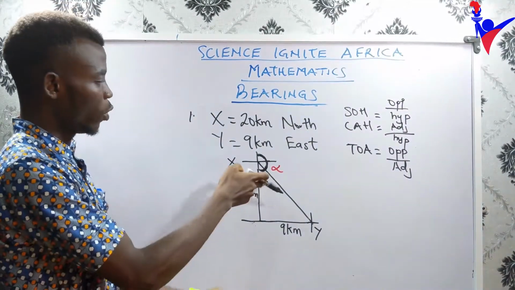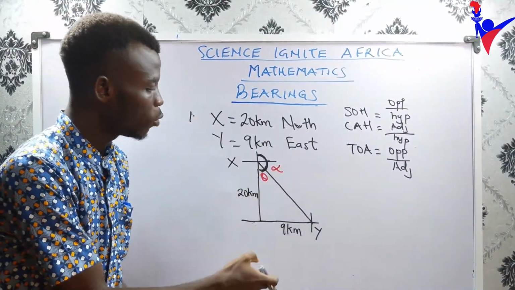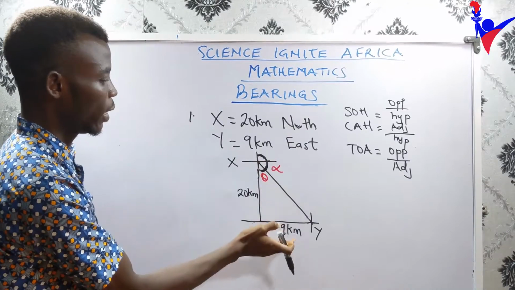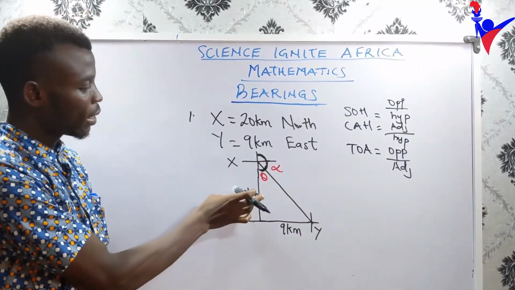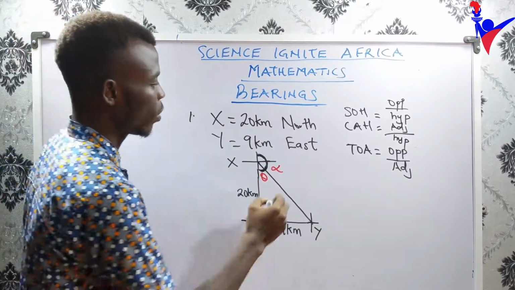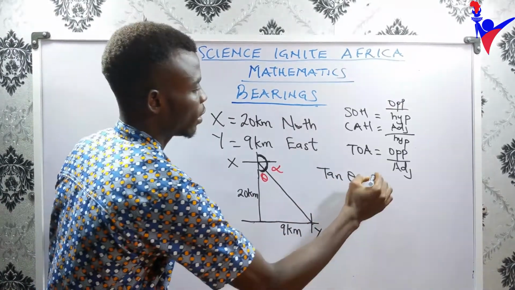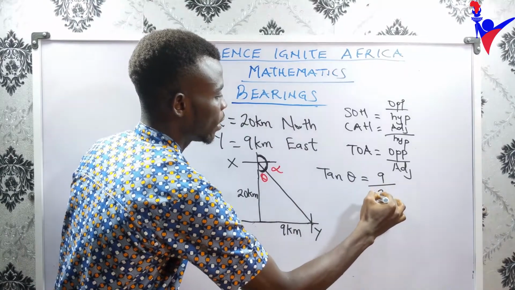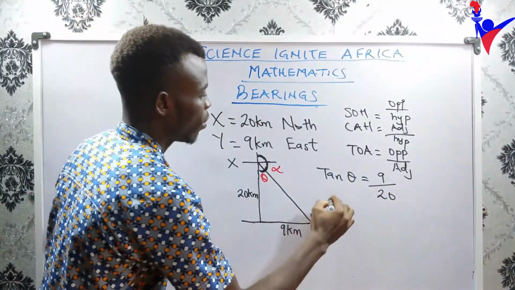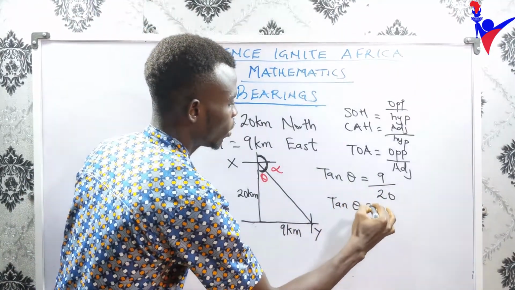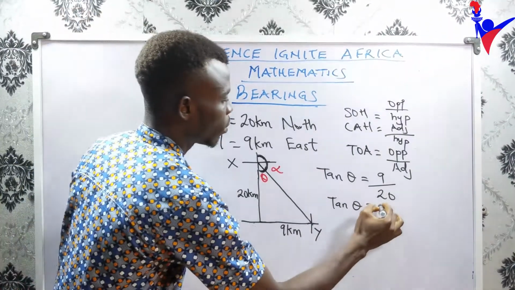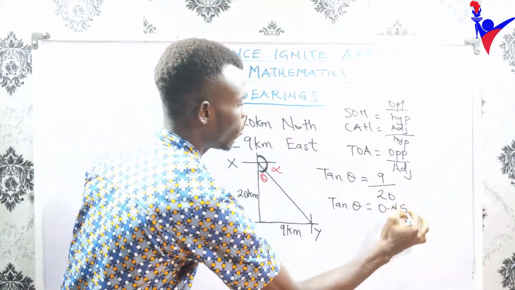Looking at this angle, the side facing it is 9, and the adjacent side is 20. Then tan theta equals opposite over adjacent, which is 9 over 20. Tan theta equals 9 divided by 20, which gives us 0.45.